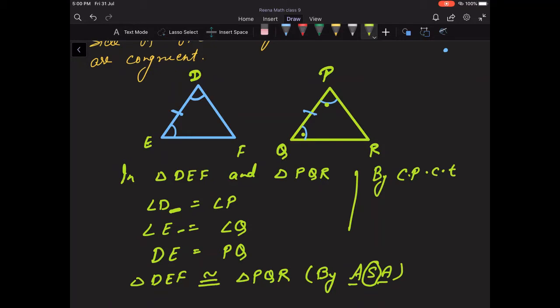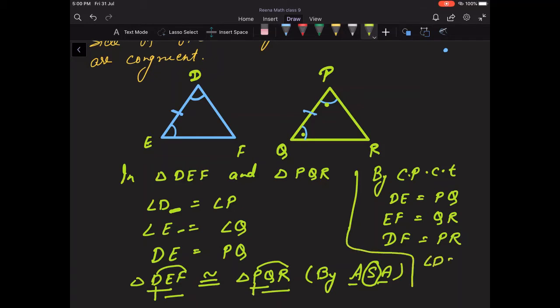If we apply CPCT, corresponding parts of congruent triangles, DE should be equal to PQ, EF will be equal to QR, and DF is equal to PR.